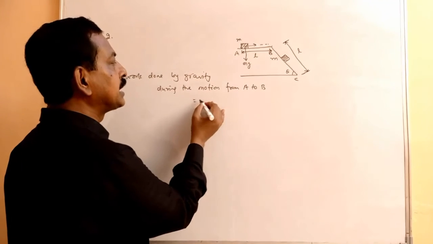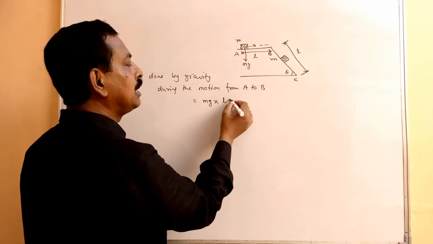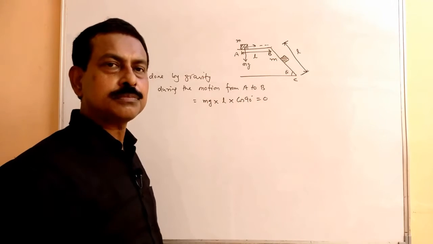So in this case, A to B, it will be your mg into this length L into cos 90, and that is 0.